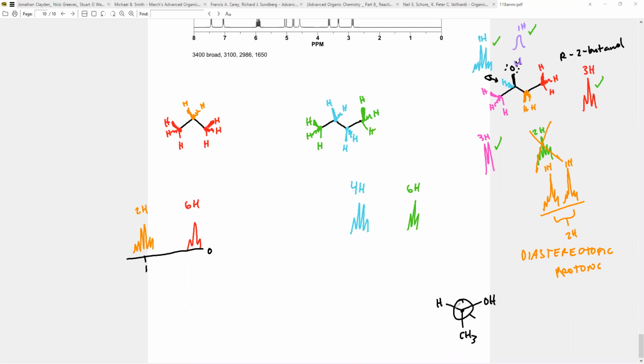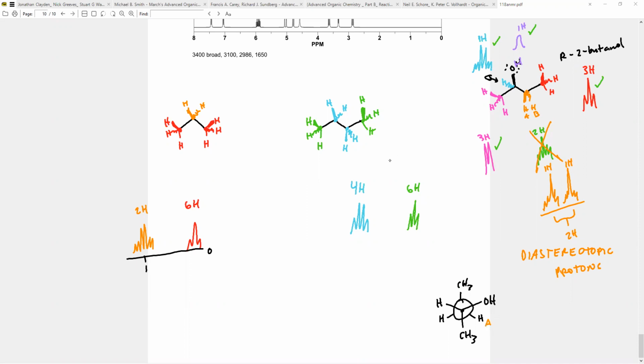In the back, we'd have an H, an H, and a CH3. To help us track everything, I will call the wedge H, HA, and the dash H, HB. So OH is on a wedge, so HA and OH are on the same side. So we'll call this A.